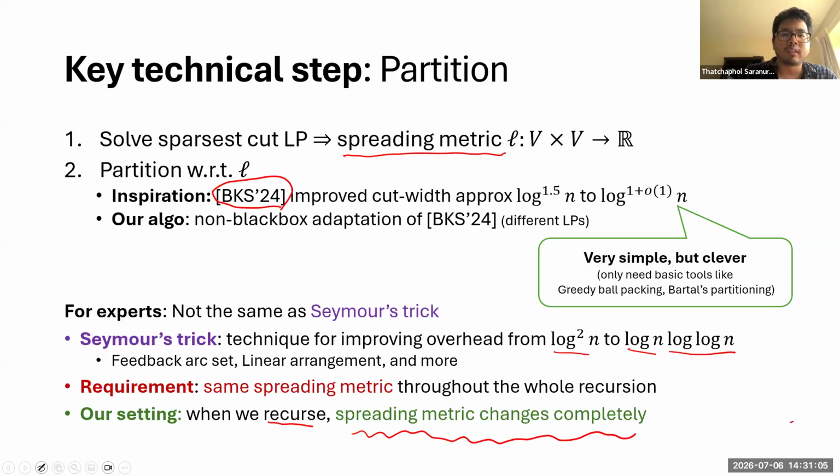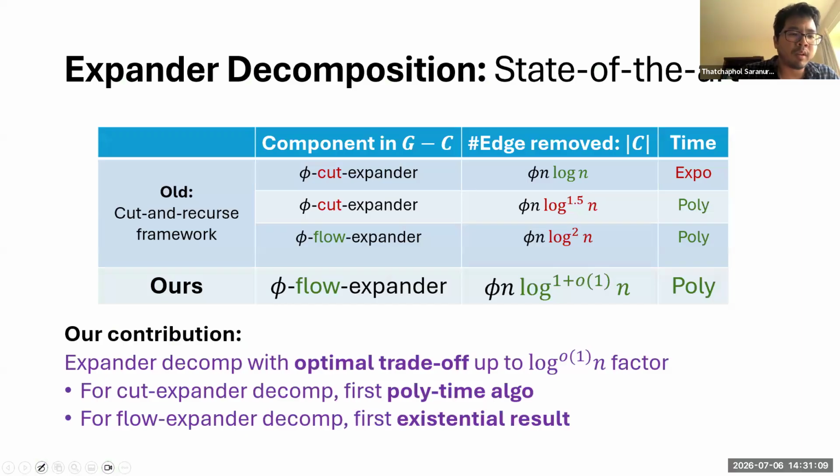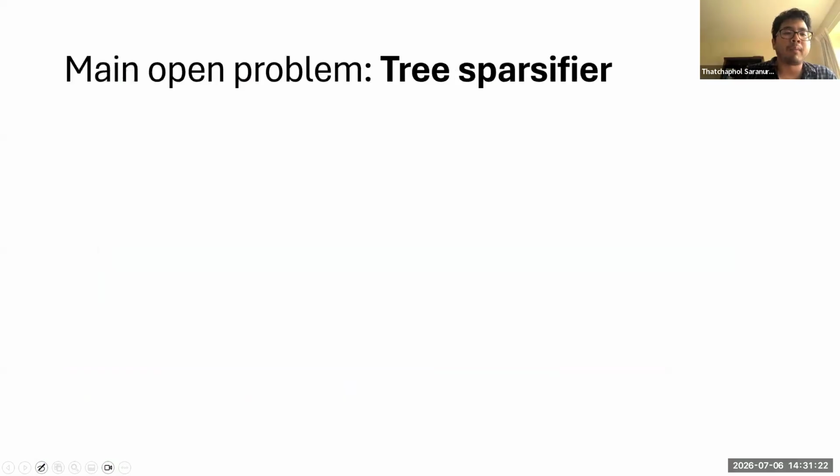Okay, now let me conclude. Again, we get expander decomposition with near optimal trade-off. For the cut version, it's the first polynomial time algorithm. For the flow version, it's even the first existential result. The main open problem I want to mention is this.